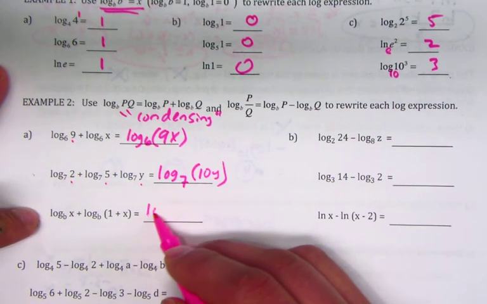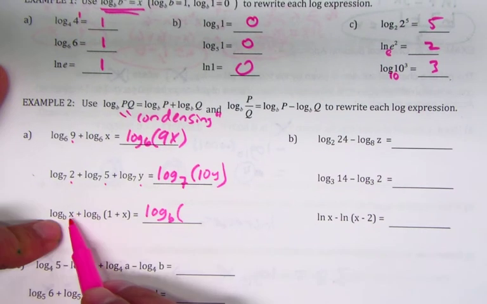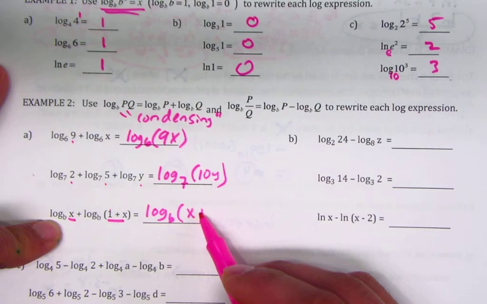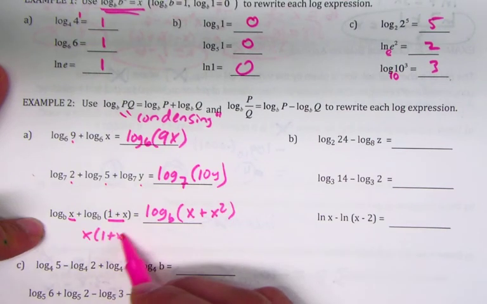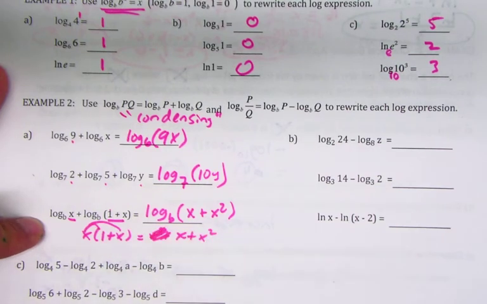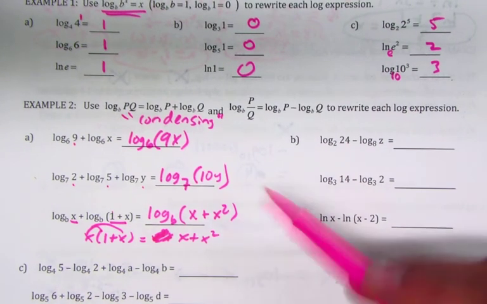Here we get log base b of, if we multiply these, you get x plus x squared. Now I'll write that down here in case you forget how we got that, right? I know, but usually we go in order of what we're distributing. Does that make sense?